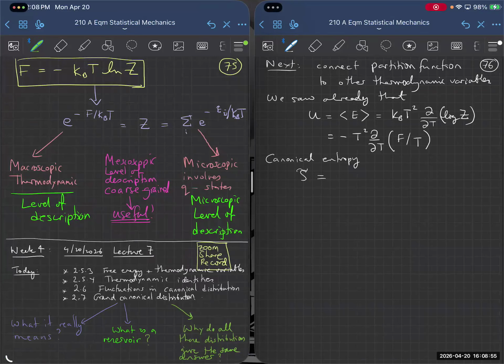That means S is equal to U minus F over temperature, which is minus T d by dT of F over T, minus F over T, just plugging that in. If you do the differentiation, you'll see that it is nothing other than minus dF by dT. And that's exactly what we expect from classical thermodynamics.